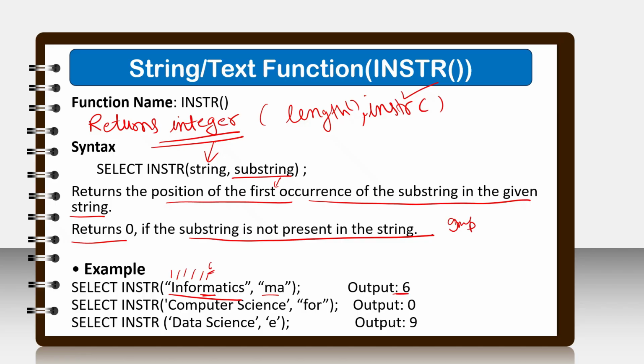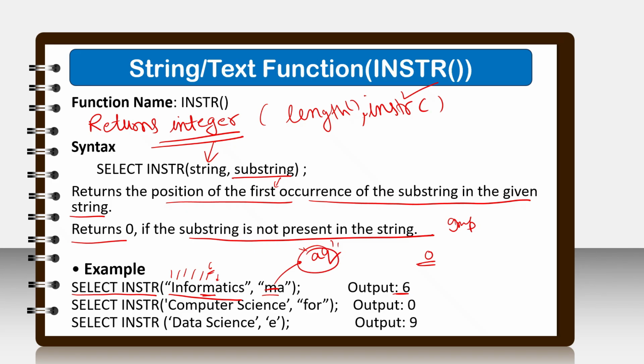तो output is 6. अब अगर आपने लिखा AQ, now AQ we are not getting in this, so what output will it give? 0. Why? The same query you will write: select INSTR informatics, इसकी जगह पे आप ये लिखोगे AQ quotations में, then you will get output as 0. A तो मिल रहा है लेकिन Q नहीं मिल रहा और हमारा आउटपुट किसका चाहिए हमें?